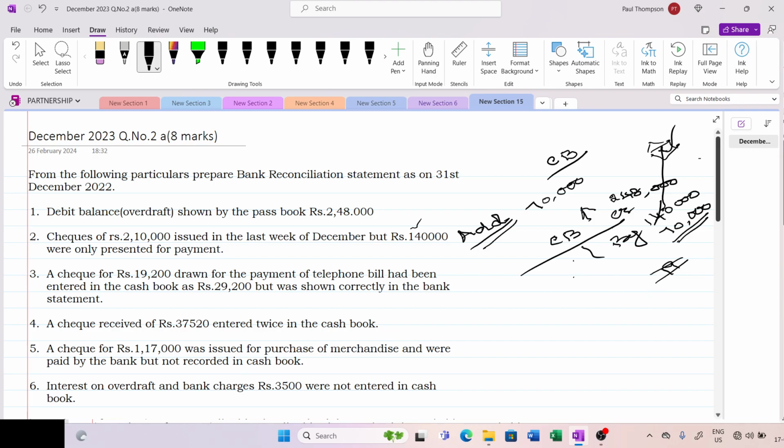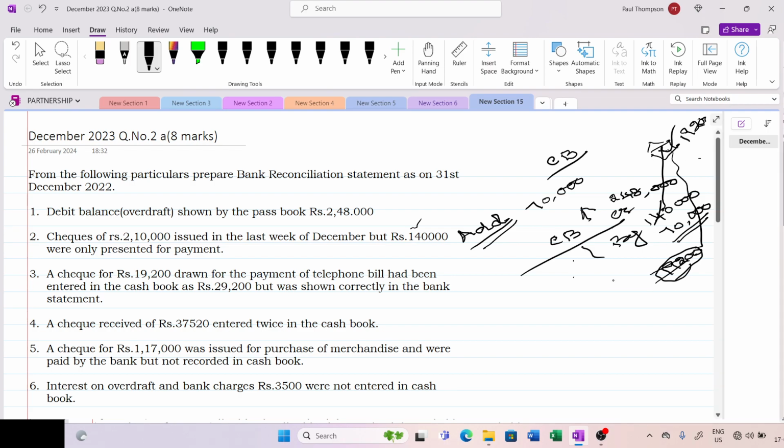Take it as 19,200 to make a telephone payment to some telephone company. So this has been issued, written on the check leaf, and this has gone to the bank, and the bank has also made payment of 19,200. So no issue regarding this.